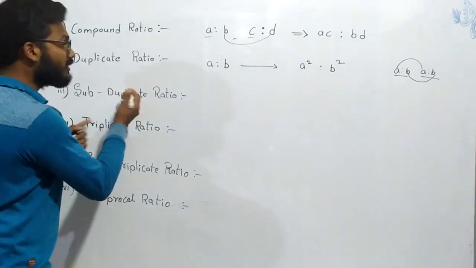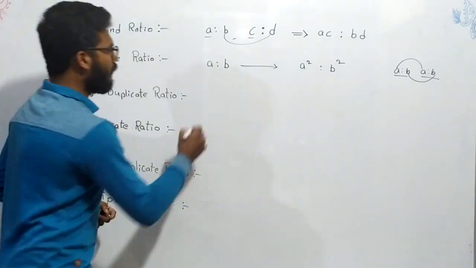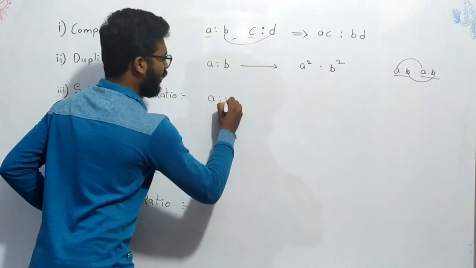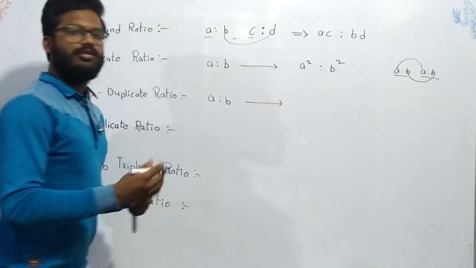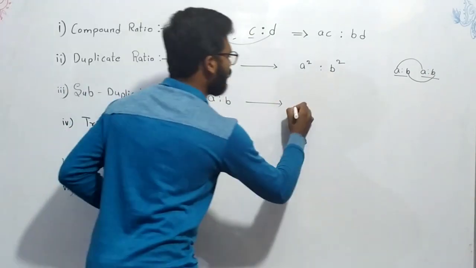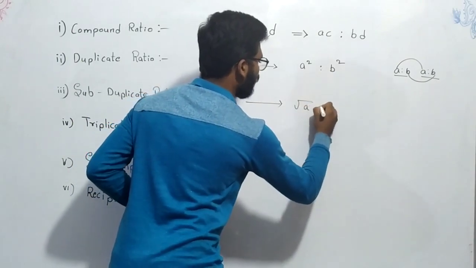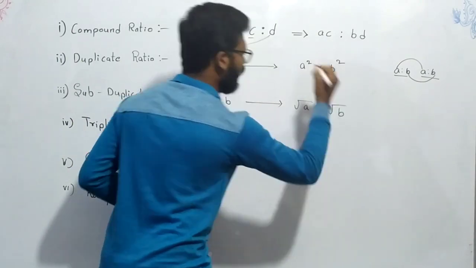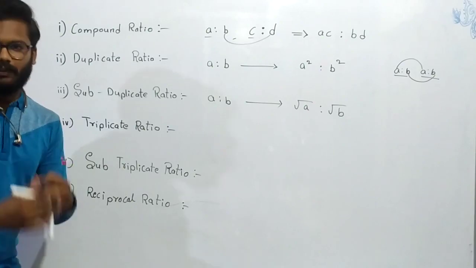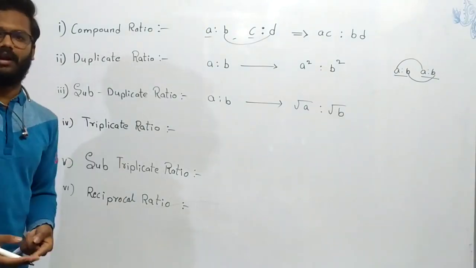In the same way, subduplicate ratio. If A is to B is a ratio, then the ratio of their square roots, square root A is to square root B, is nothing but the subduplicate ratio. Next, in the same way, triplicate ratio.